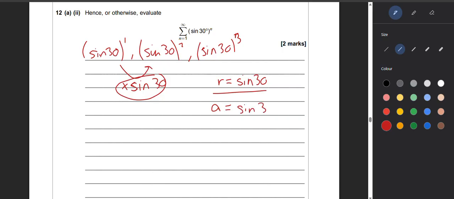So a and r are both sine 30, and sine 30, if you bung that in on your calculator or you know your exact trig values, is a half. So a and r are both a half. So therefore the sum to infinity will be a half over 1 minus a half, which is a half over a half, which just gives me a value of 1. So for that one, the sum to infinity is just 1.